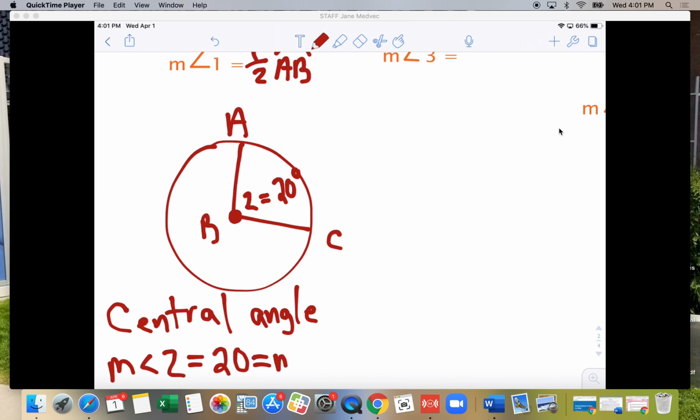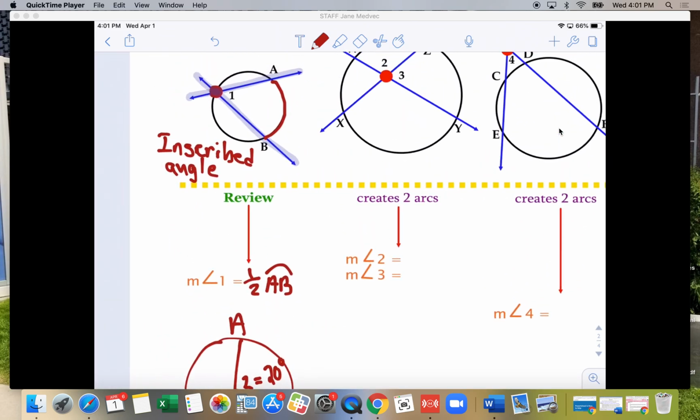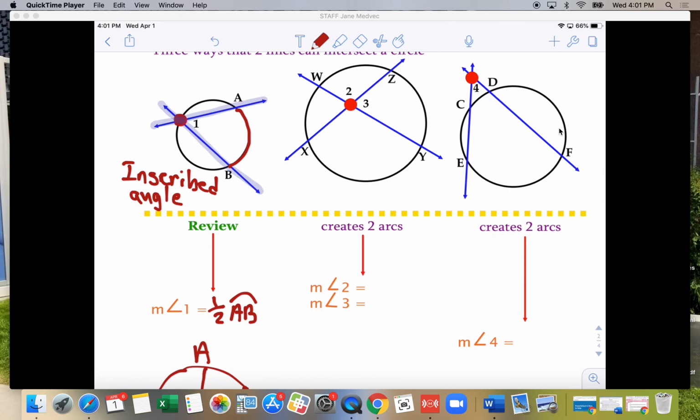That also equals the measure of arc AC. So a central angle is the same as the arc measure. An inscribed angle you'll see is smaller, and that makes sense. The angle is going to be smaller than the arc. So there's some review based on what we've seen.